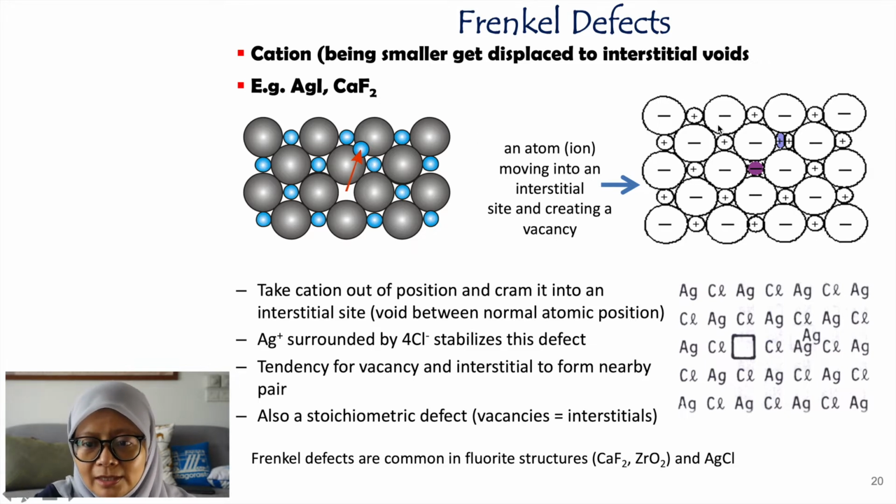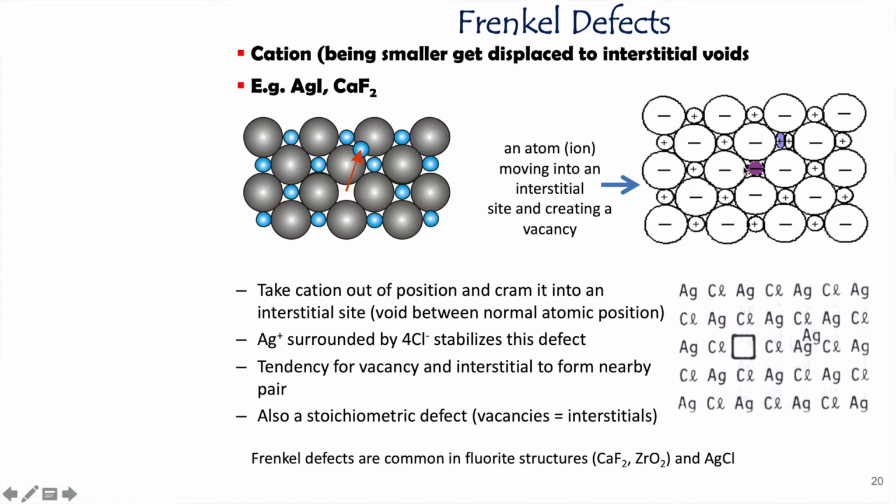In this diagram, an atom here, a cation, moves into an interstitial space, creating a vacancy. Because of its small size, it can move around and create a vacancy.